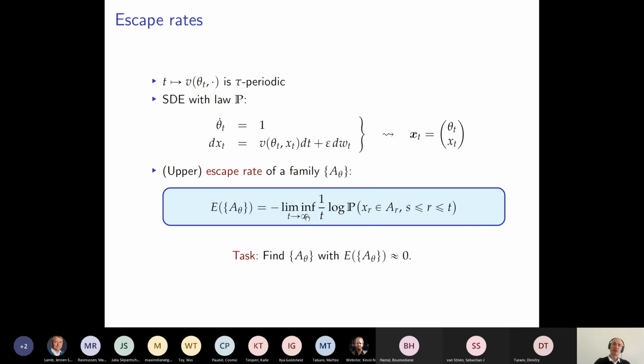So this decays to 0, and I'm looking at the exponential decay. So I'm taking the logarithm, 1 over T, and then T going to infinity. I put the minus here to have an escape rate, which is a positive or non-negative number. And I'm going to call a family of sets coherent if its escape rate is close to 0. Again, subject to the restrictions or additions which I talked about before as an answer to the question which came.